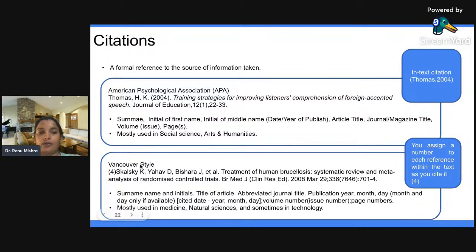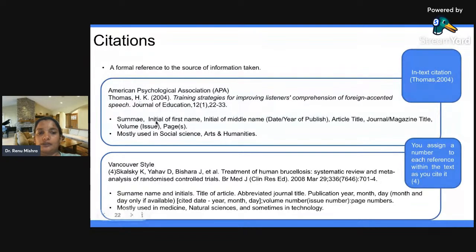Similarly, you have the Vancouver style. The Vancouver style prefers to have numbers for each of the references, with surname and initial. Surname, initial, there is no comma here.